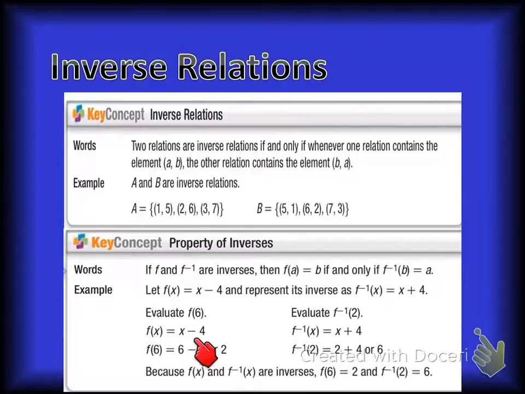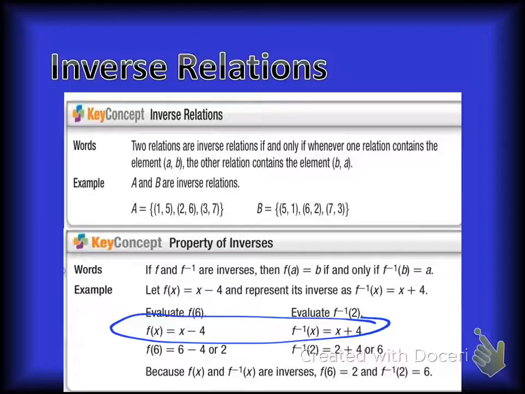You undo this subtraction with this addition. So the two functions are considered inverses of one another. Hopefully that one's obvious, right? x minus 4, x plus 4 logically makes sense. We're going to do ones where it may not be so obvious. Any questions?